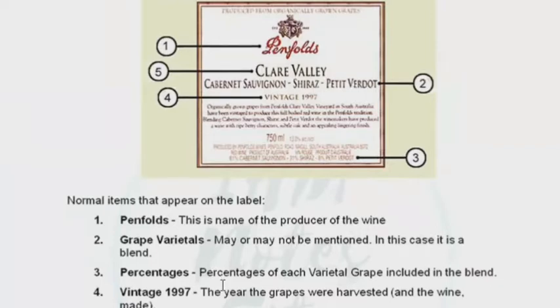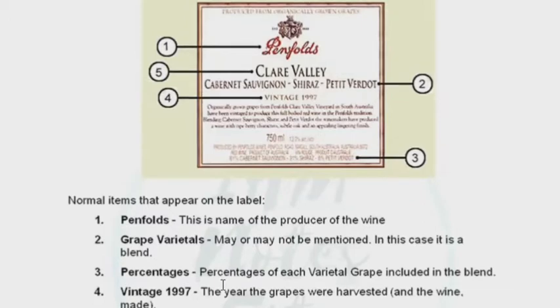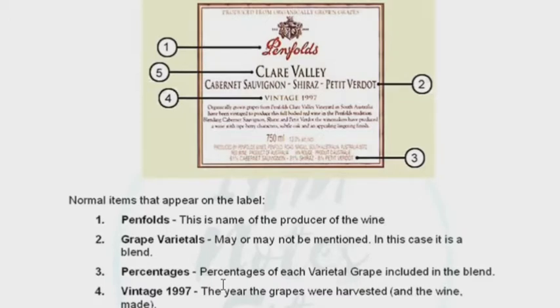So on the label of a wine bottle, there is the alcoholic percentage, volume by volume. The vintage year, 1997, means the year when the grapes were harvested. All right, and grape varietal may or may not be mentioned.